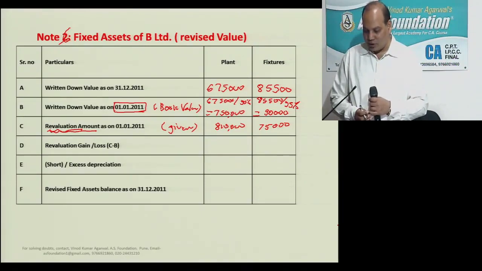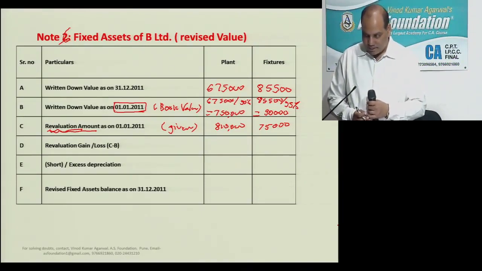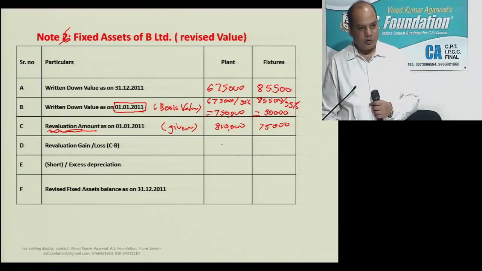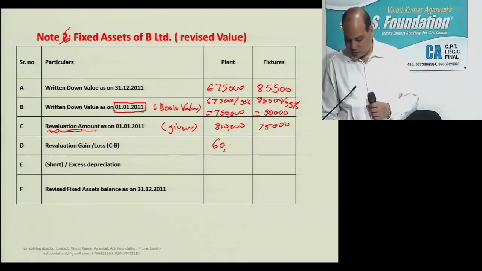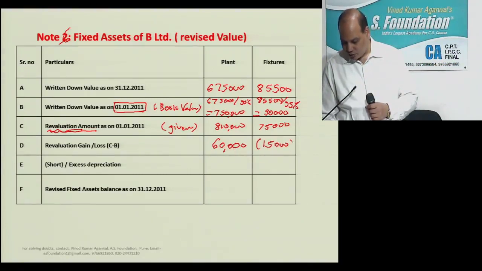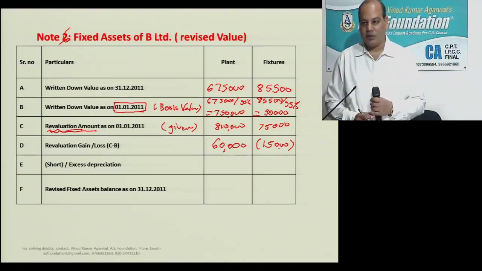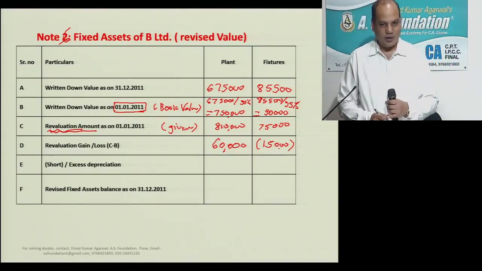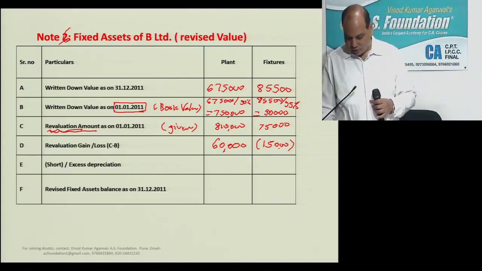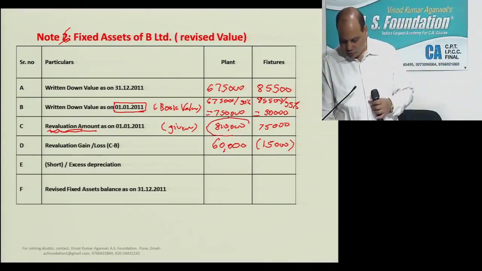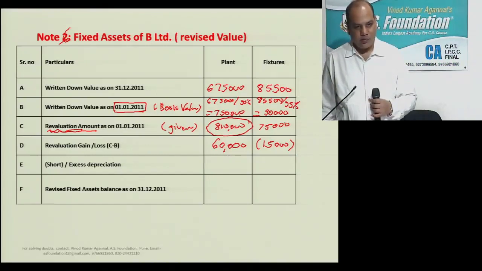Now what is the revaluation gain or loss on plant? First column, gain or loss? C minus B. Positive gain, negative loss. 15,000 loss. Next, what is the short or excess depreciation? Short depreciation. See, understand, this is the rectified value of the asset. So depreciation should be 8,10,000 into 10%, 81,000.